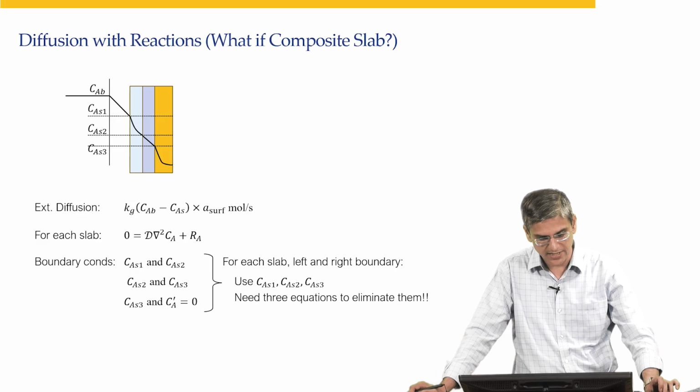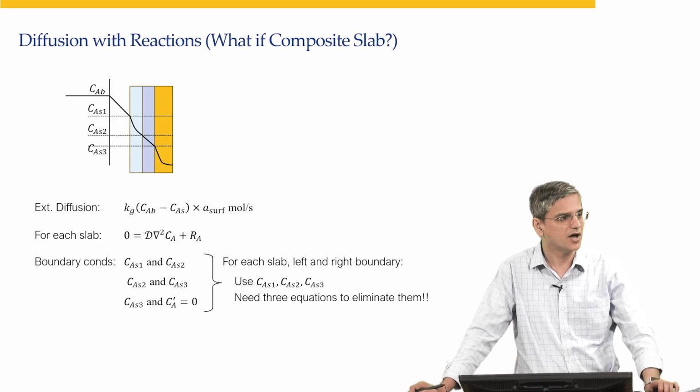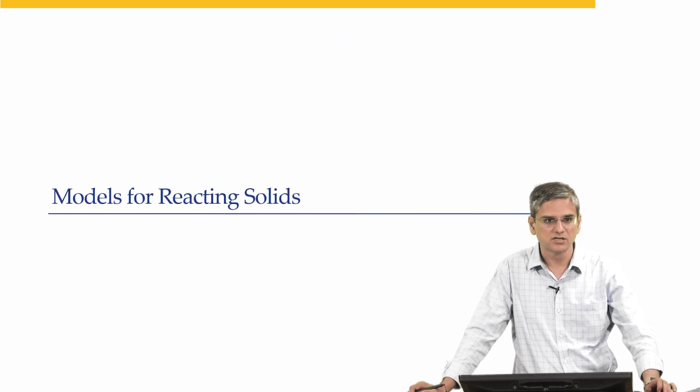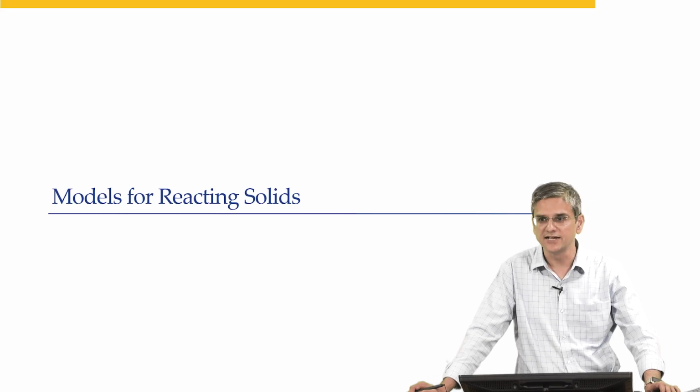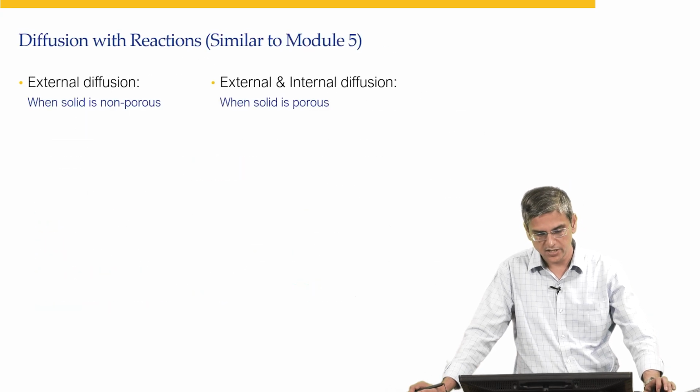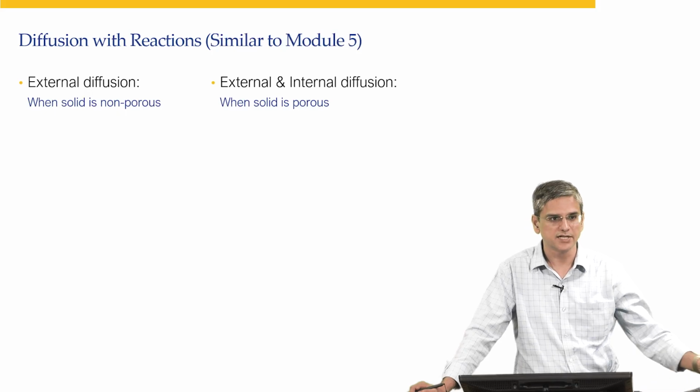Then how do we do the analysis? What if you have a composite slab? How are you going to do the analysis? Okay. All of these are basically trying to link module 5 with module 6. We are going to use the concepts of module 5 in module 6. Okay, that is what we are going to do in the next lecture.